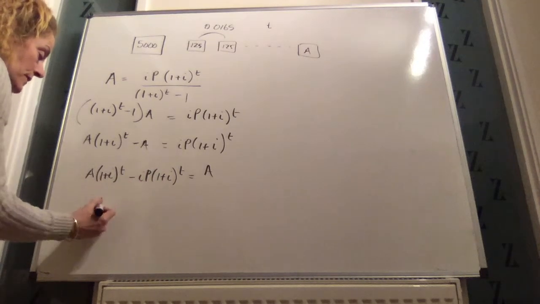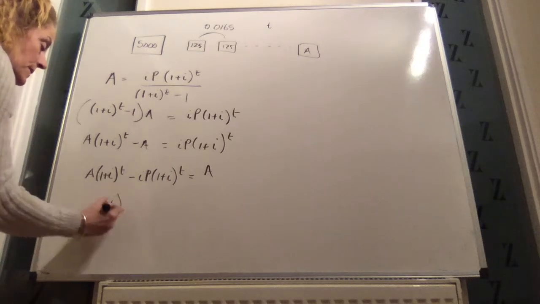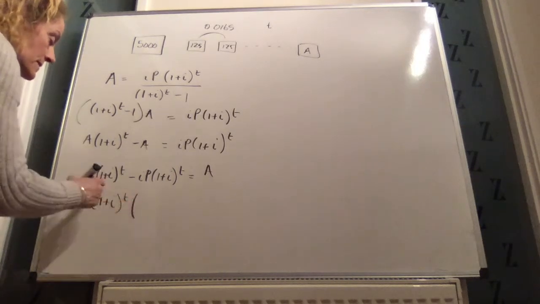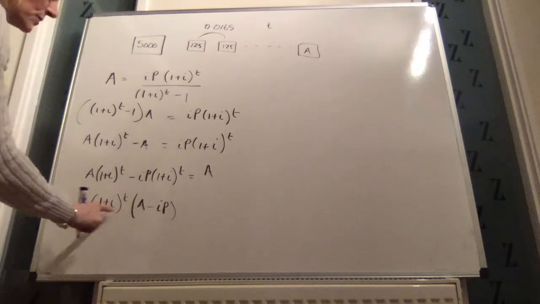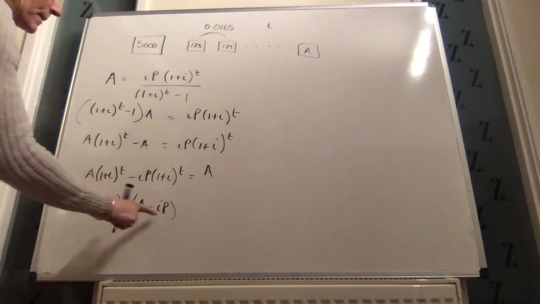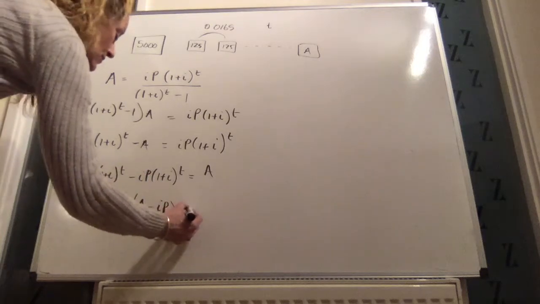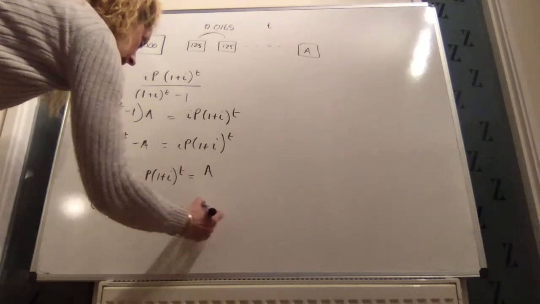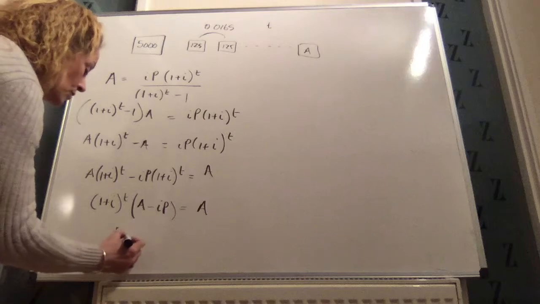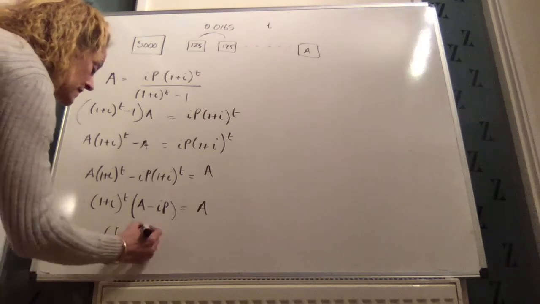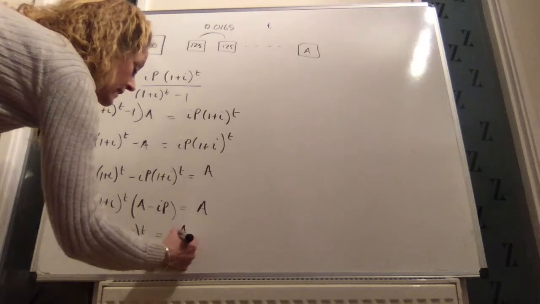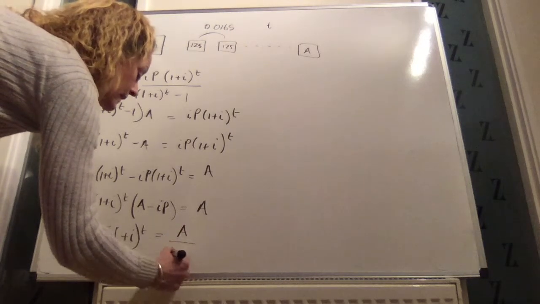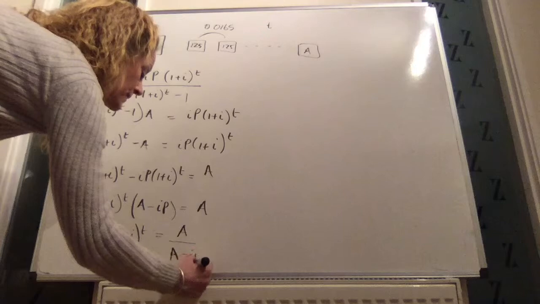The common factor there is (1 plus I) to the power of T times (A minus IP). If you multiply that back out, you get that term and that term, equal to A. From that, dividing by this on both sides, you get (1 plus I) to the power of T is equal to A over A minus IP.